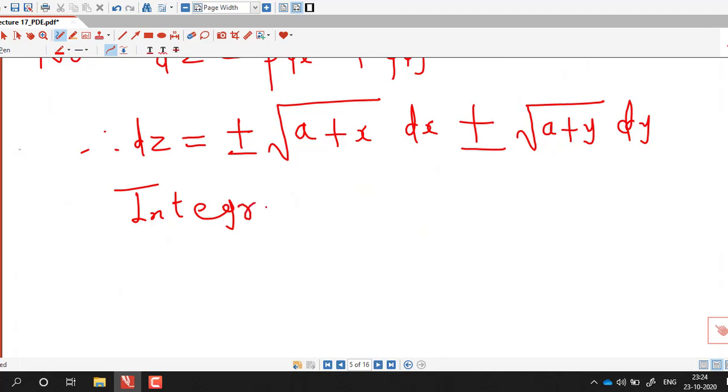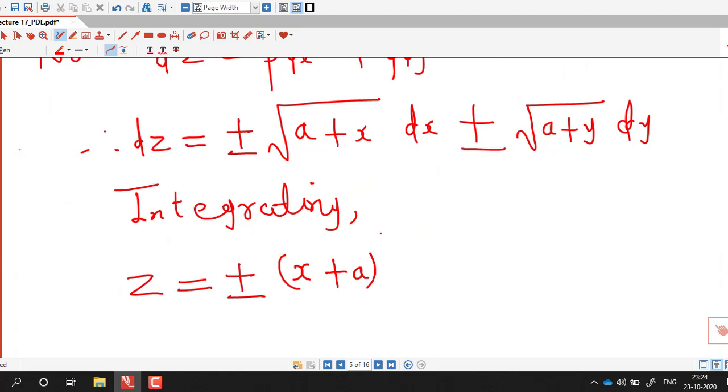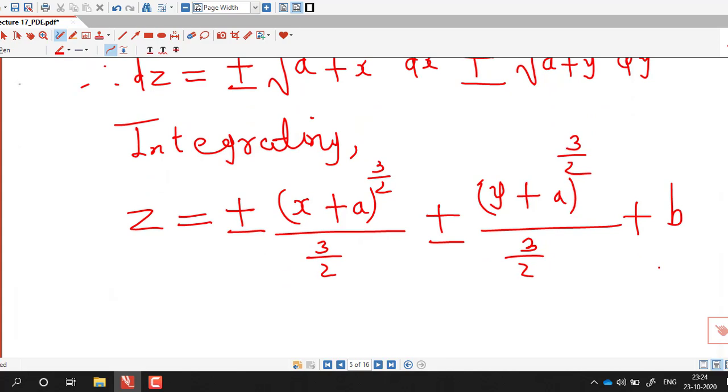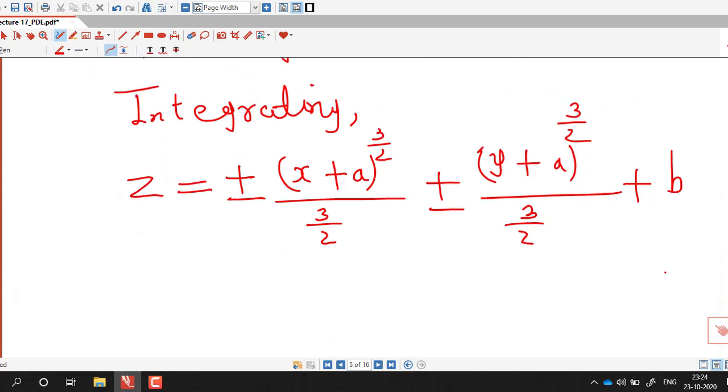So integrating, the integral on the left hand side is z. Plus or minus, this is the integral of x plus a raised to 1 by 2, so it is x plus a raised to 3 by 2 over 3 by 2. Similarly, the integral of y plus a raised to 1 by 2 is y plus a raised to 3 by 2 divided by 3 by 2, plus b. So this is the required complete integral. If we wish, we can adjust this 3 by 2.